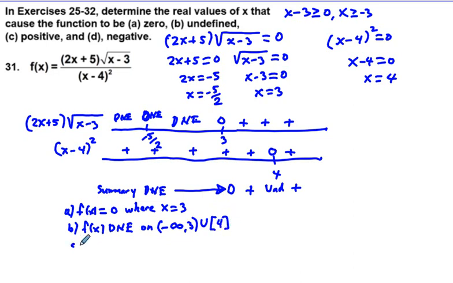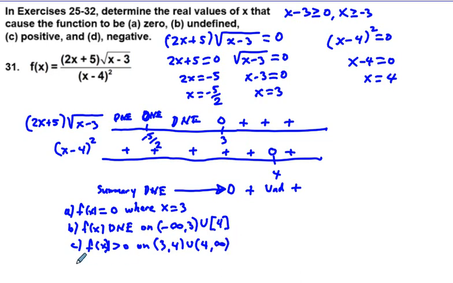Okay, C, we have f of x is greater than 0. We have these intervals here, between 3 to 4 and union 4 comma infinity.